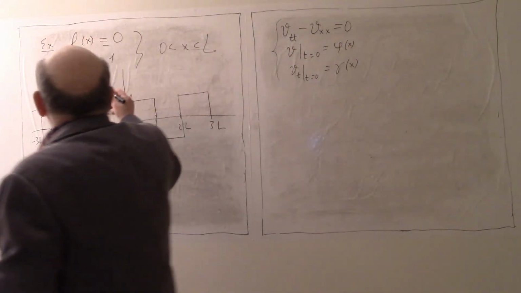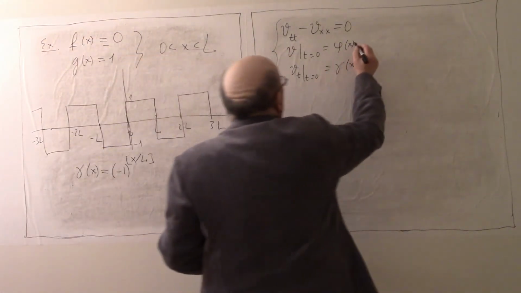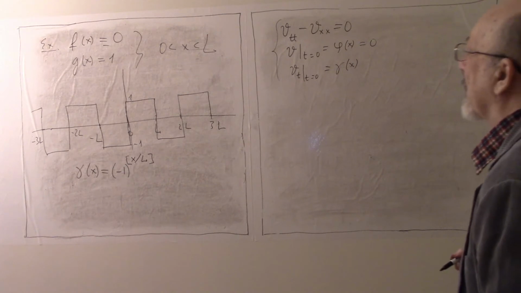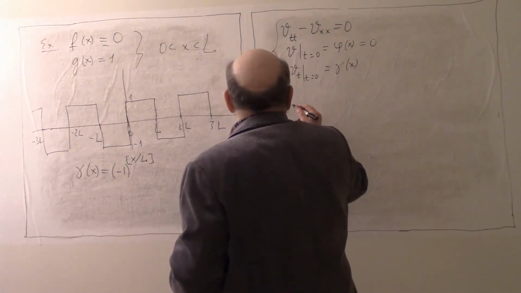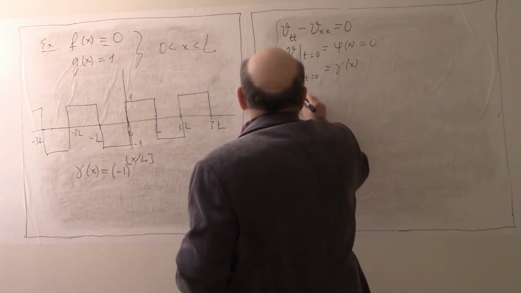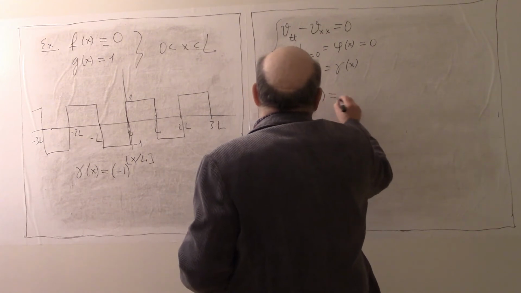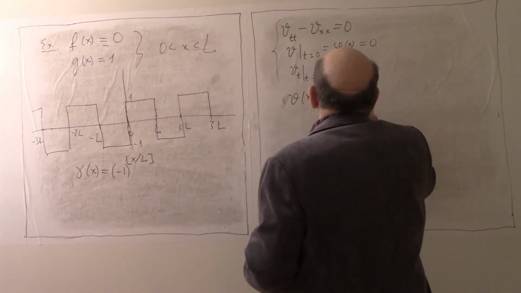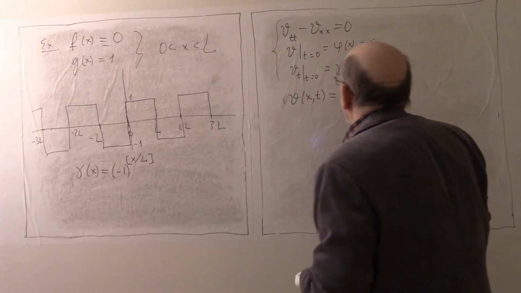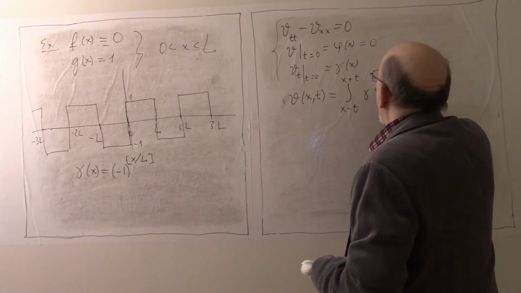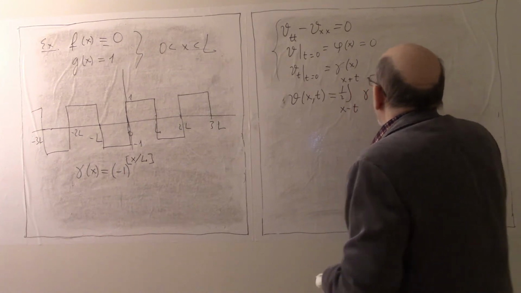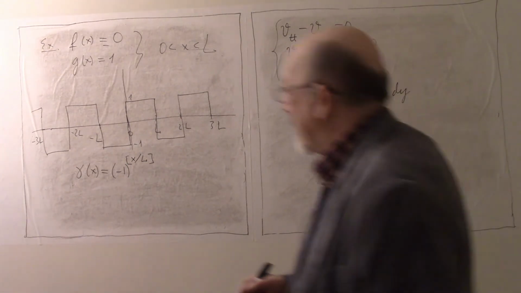Now in our case phi of x equals 0, so we cannot write the first term, and we simply write v of x, t equals 1/2 integral from x minus t to x plus t of gamma of y dy.